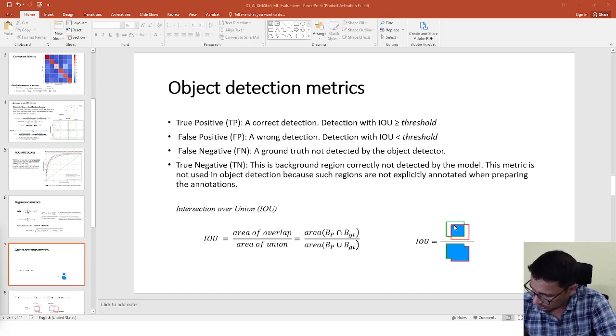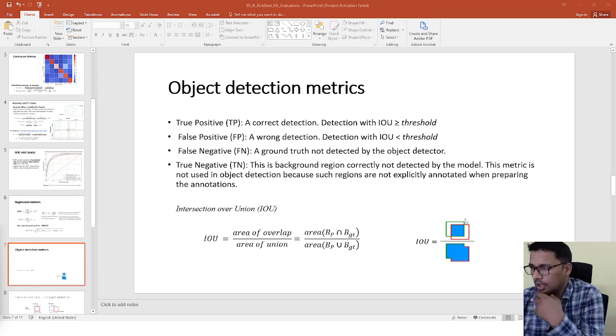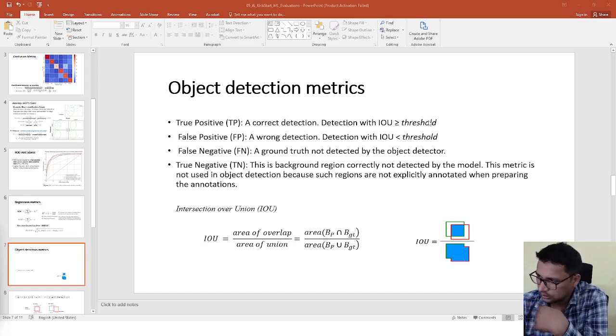The intersection is the overlapping area, and this is the union area, and this is the IOU, intersection over union, right? According to the IOU, we can compute the true positives based on a threshold. We set some threshold, for example 0.5 for the IOU.